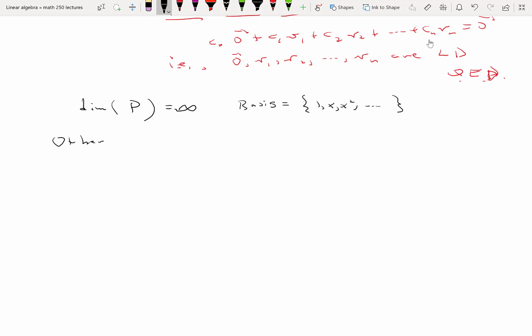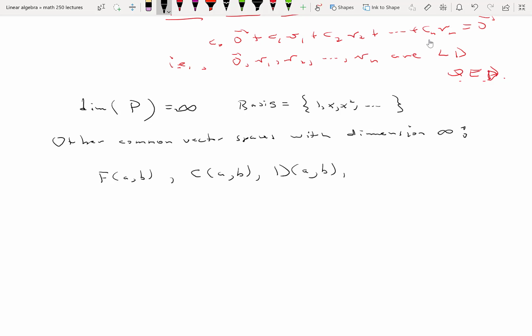Other common vector spaces with dimension infinity are the set of all functions defined on an interval, the set of all continuous functions on an interval, the set of all differentiable functions on an open interval, the set of all functions that have continuous derivatives of all orders on a, b.